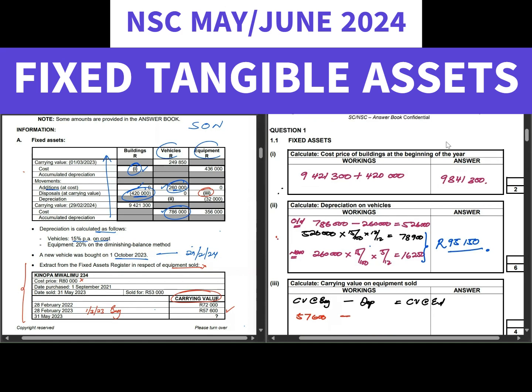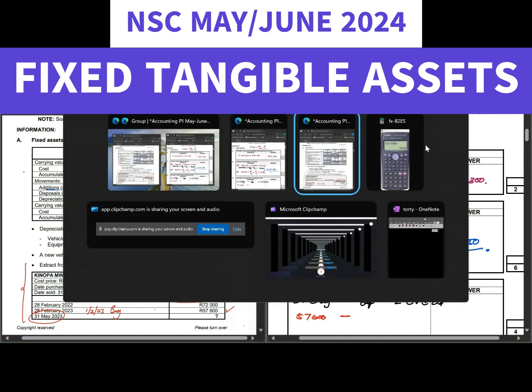And we know that we are calculating depreciation on equipment at 20% on the diminishing balance. That means I just need the carrying value. So I'm going to take my carrying value, which is already my 57,600, and multiply that by the depreciation rate, which is 20%. And then we count from the beginning of the financial year, which is March, until the date of disposal, which is 31 May. So it's going to be March, April, May. That means I had the asset for 3 over 12 months.